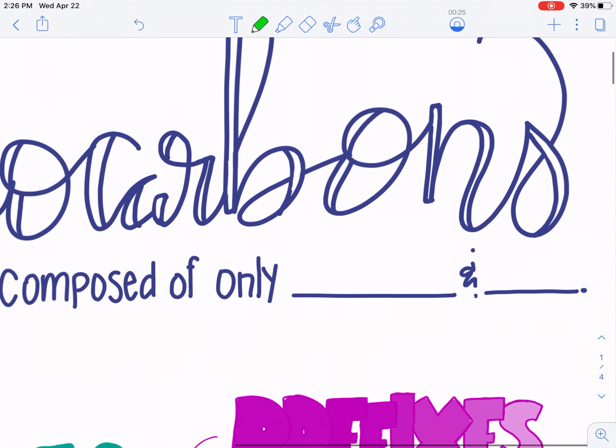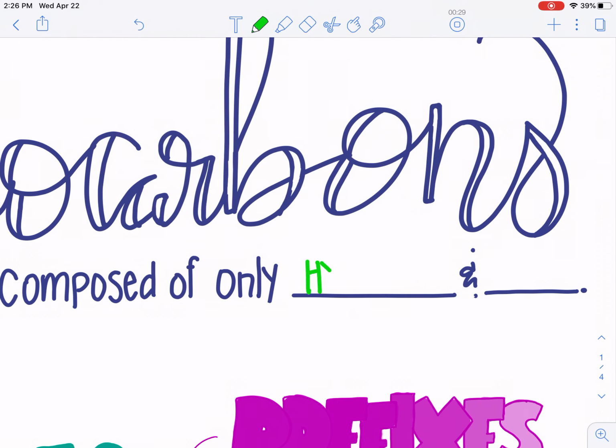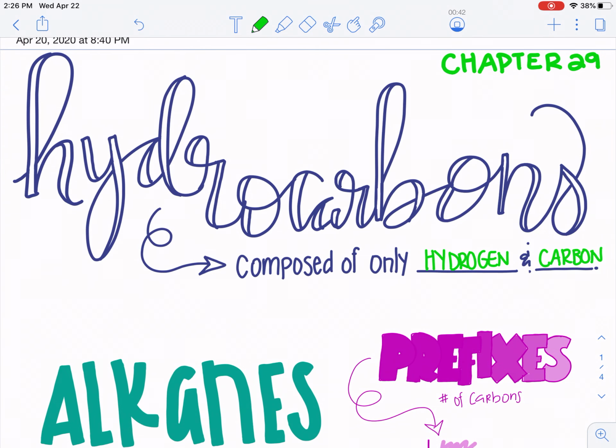Hydrocarbons are composed of hydrogen and carbon. We talked about hydrocarbons briefly in, I think, chapter 7. This chapter is going to be all about hydrocarbons: naming, drawing, functions, all kinds of good stuff.